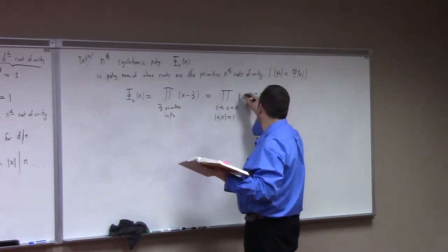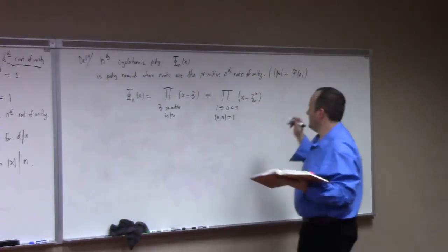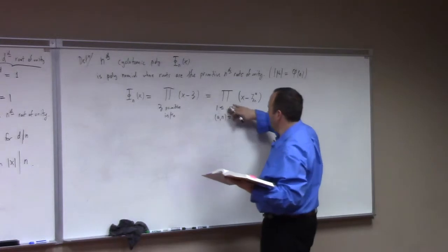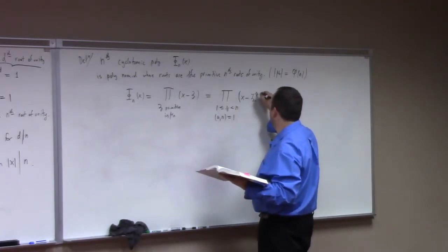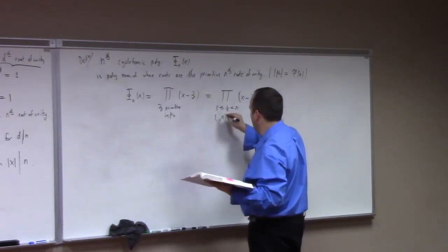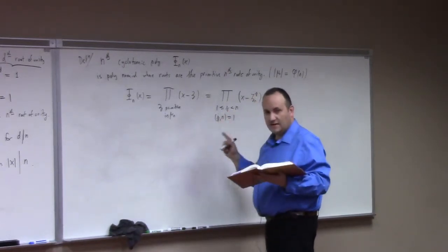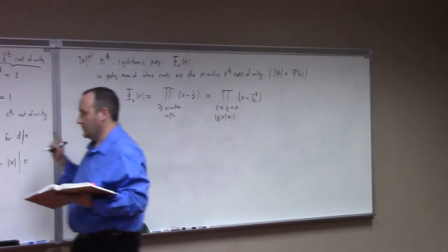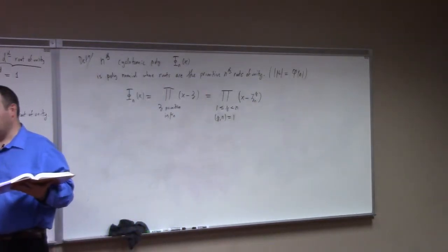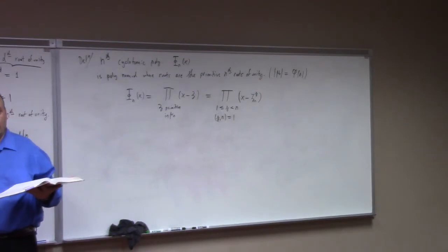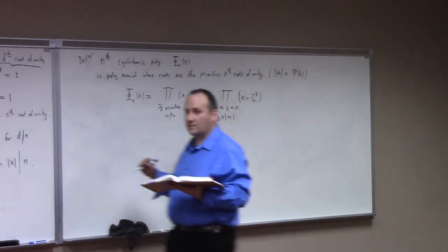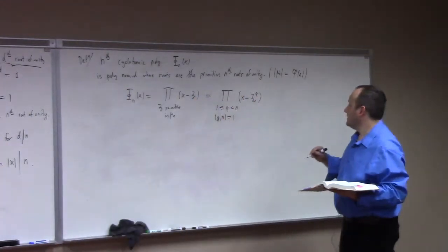Oh, look, so let me change the a to a j, so that you can see the explicit connection with what I wrote over here. So the primitive nth root of unity would be e to the 2 pi i over n raised to the j power. That's like a typical nth root of unity, where j is something in the group of units. All right.